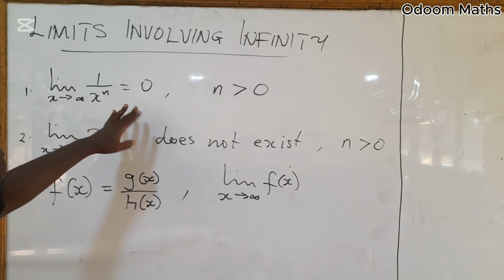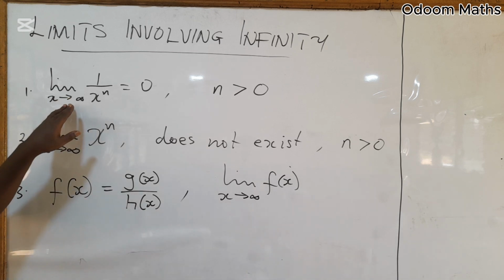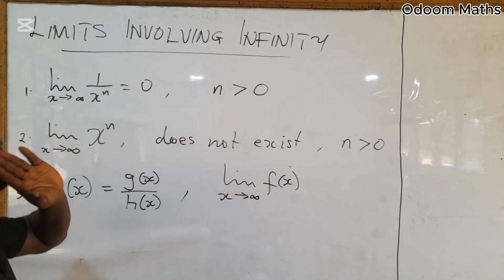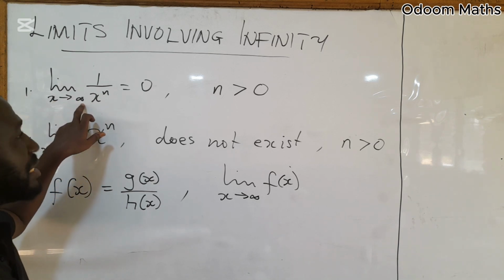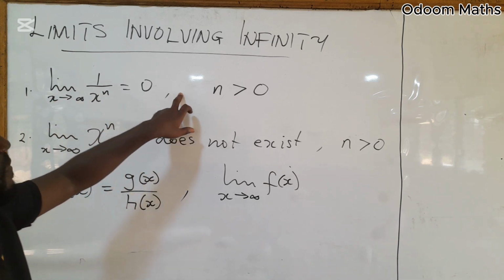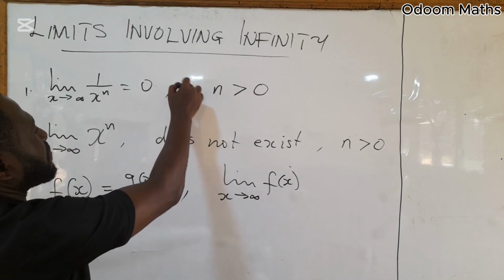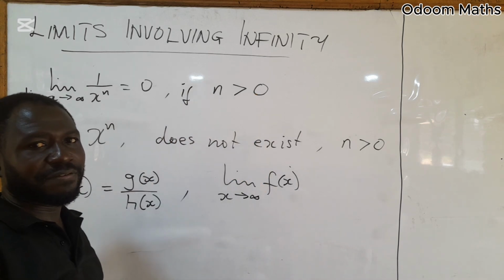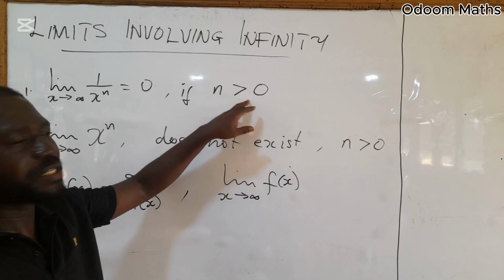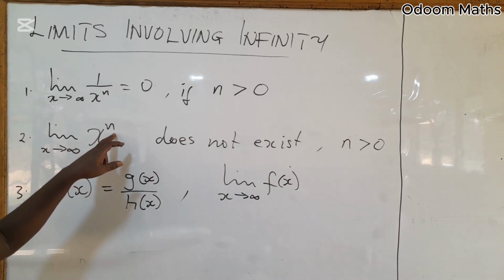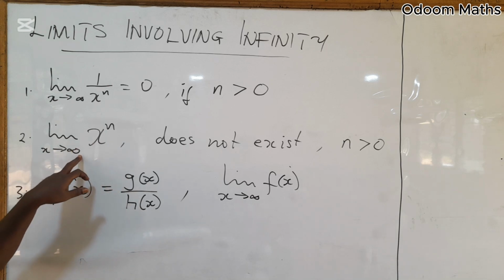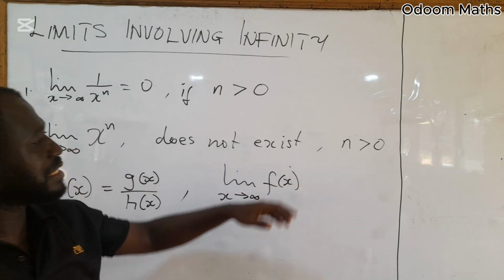Now let's take note of the following. The limit of 1 over x to the power n as x approaches infinity is 0 if n is positive, or greater than 0. If n is positive, then the limit of x to the power n as x approaches infinity does not exist.